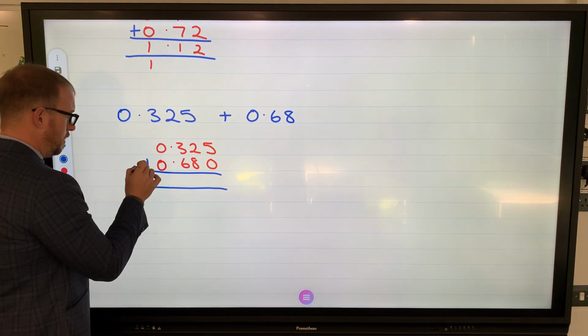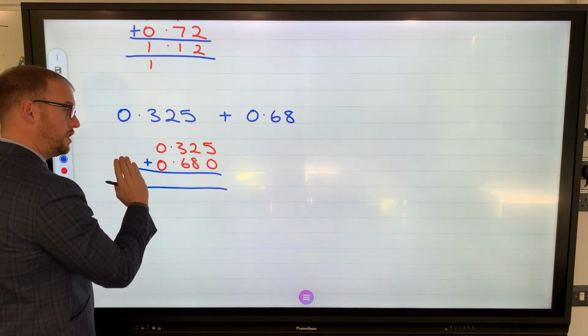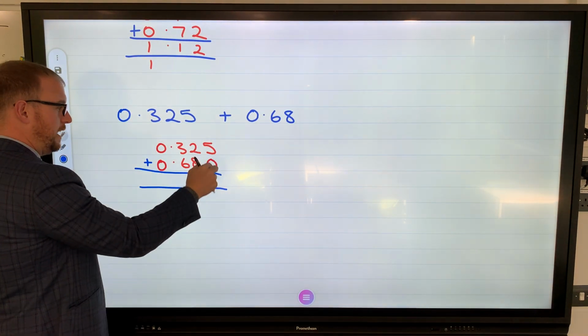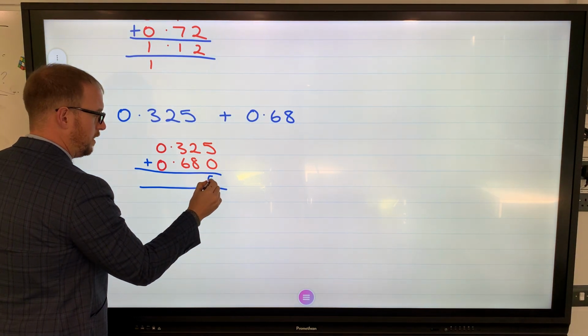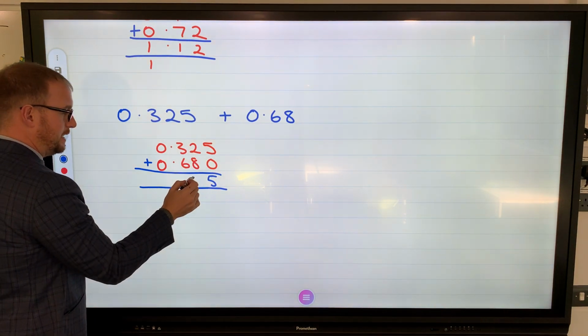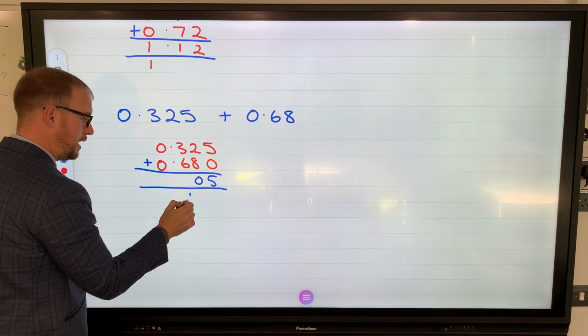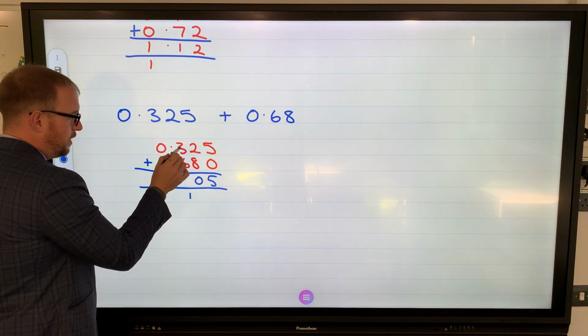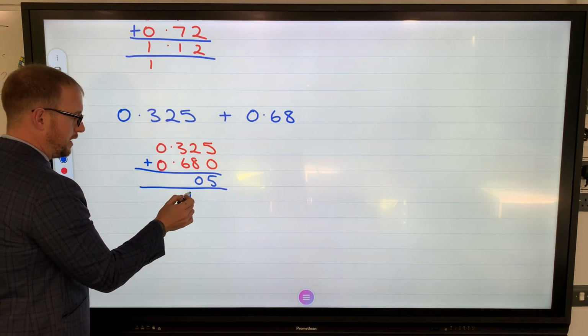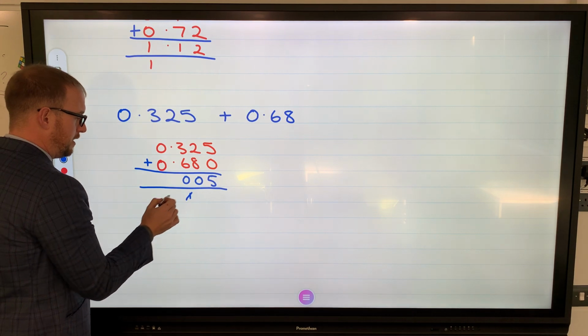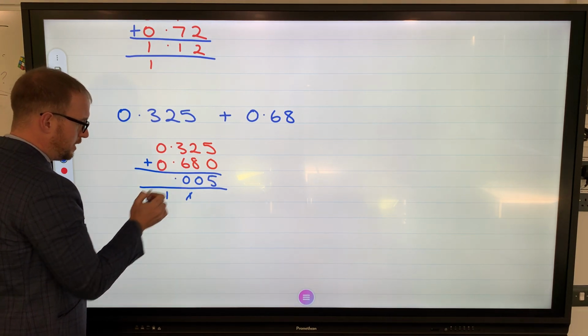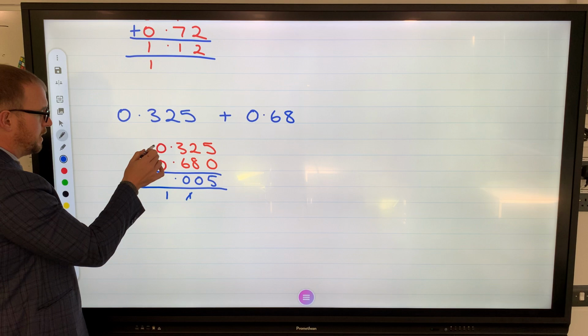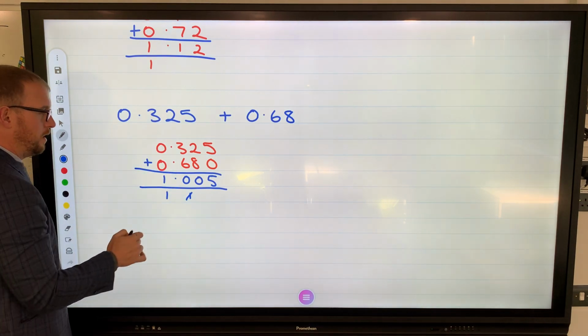Equal sign, we're going to be adding these. So start on the right hand side, 5 add 0 is 5, 2 add 8 is 10, so 0 down, carry the 10 over, 3 and 6 is 9, add the 1 is 10, 0 down, carry the 1, decimal points all in line, 0 add 1 is 1.